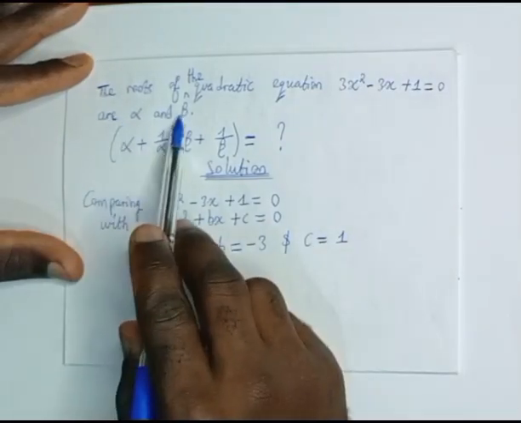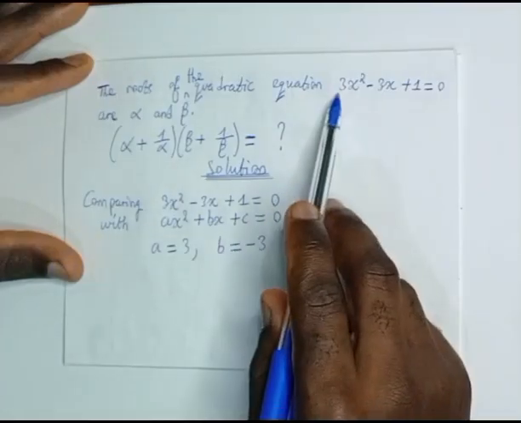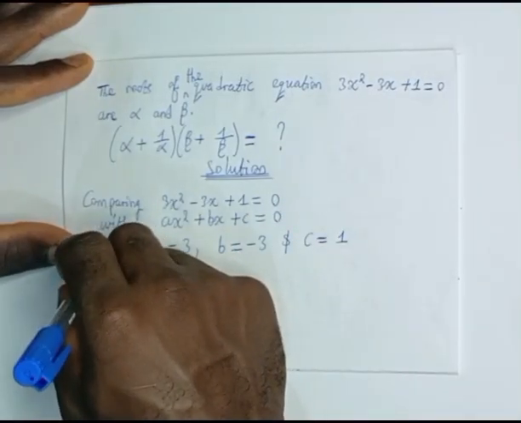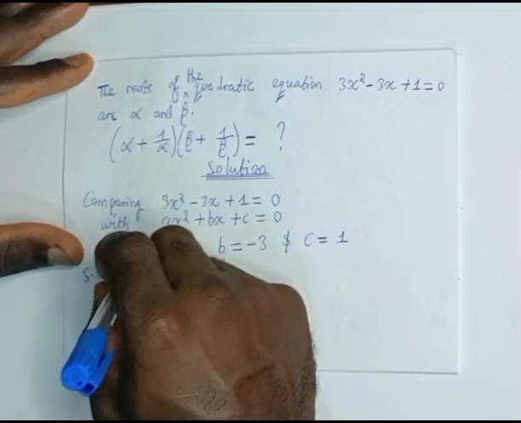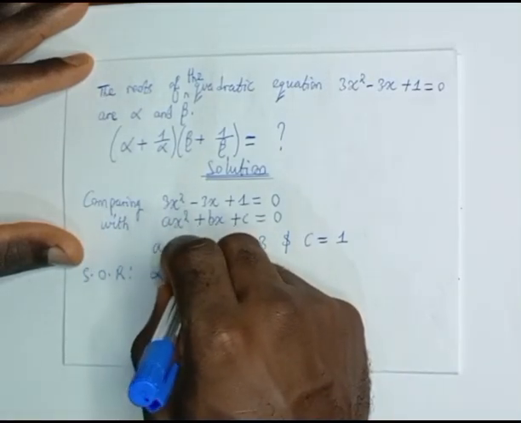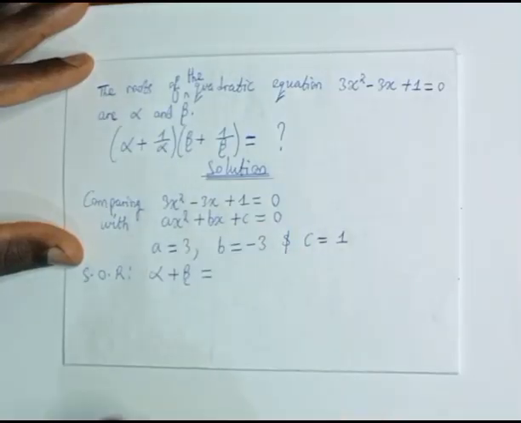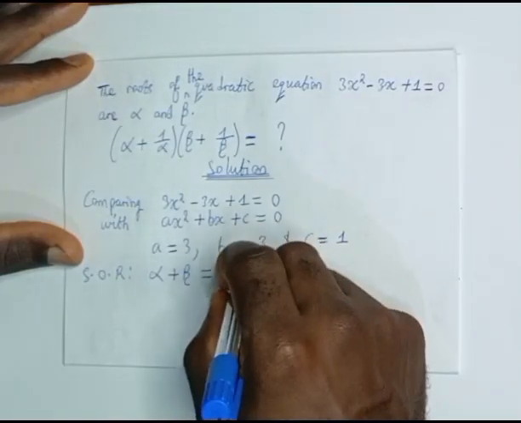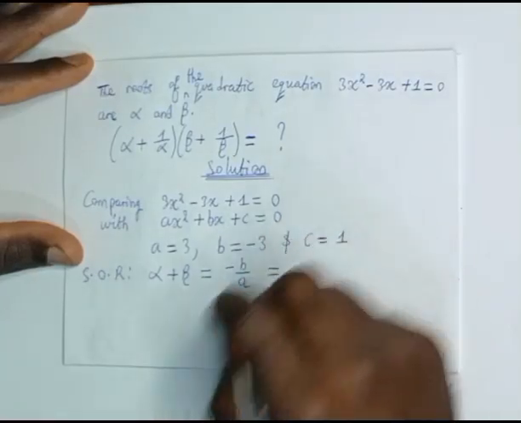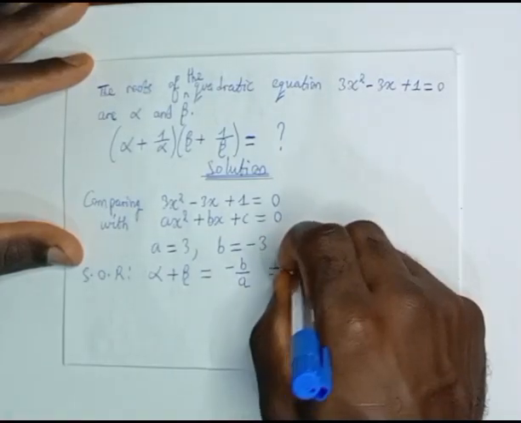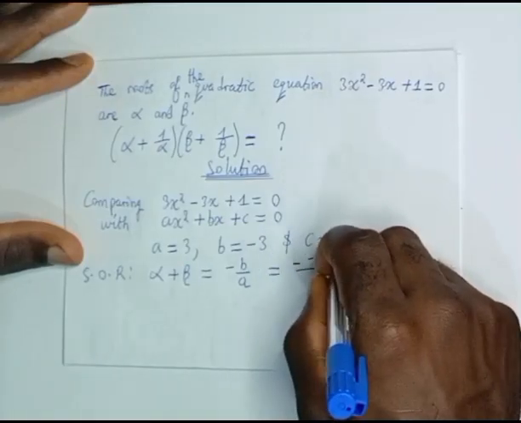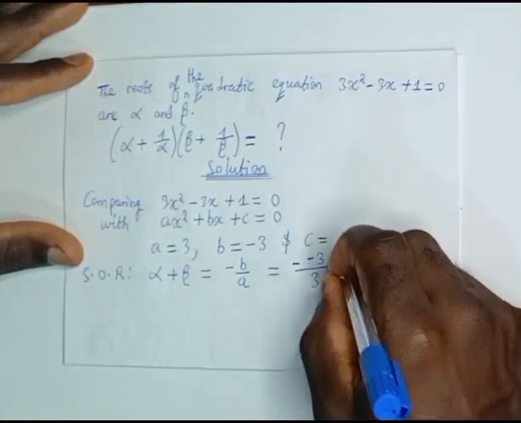If alpha and beta are the roots of this quadratic equation, then the sum of roots, which is alpha plus beta, is equal to negative b on a. This will simply be equal to negative, put the value of b, which is negative 3, all over a, which is 3.